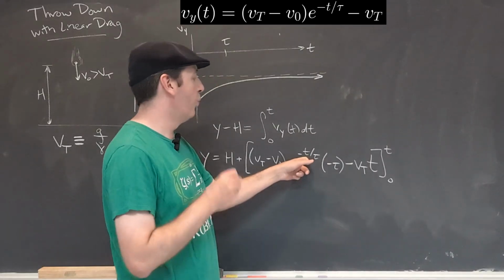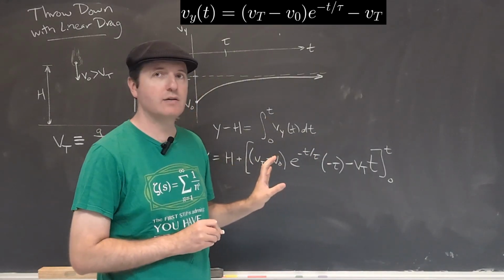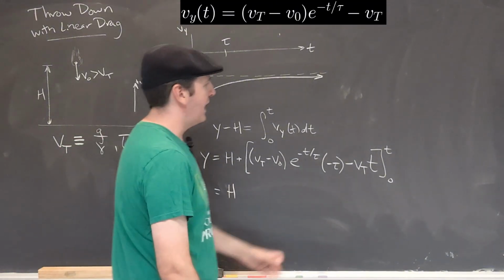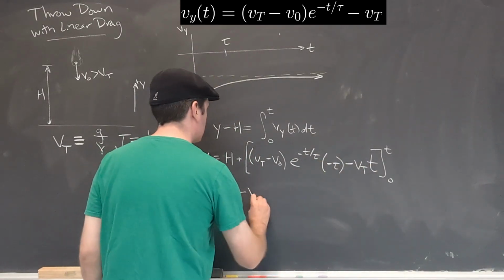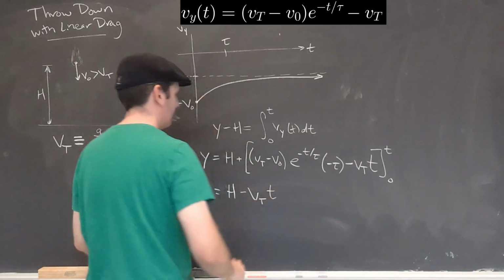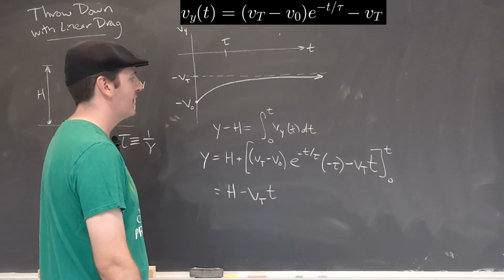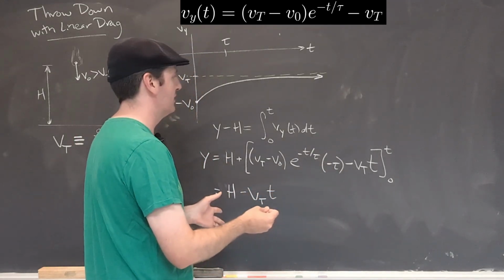Okay, so if we do that, the 0 here will die off. The 0 here won't die off. I will be left with a 1 there, so I'm going to have to include that in all of my final calculation. So I should get h. I'm going to go ahead and take the minus vt term, bring it to the front, because it kind of looks like, you know, rate times time, the way you'd get in a normal kinematics problem. And then there's this extra bit, which is going to include the exponential.